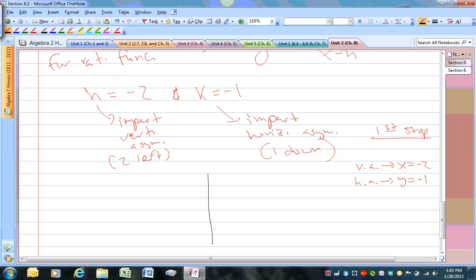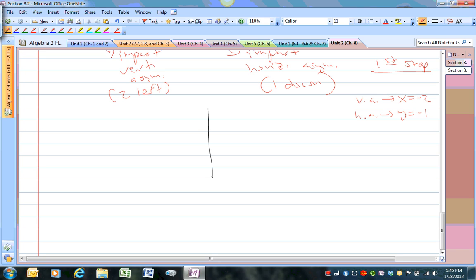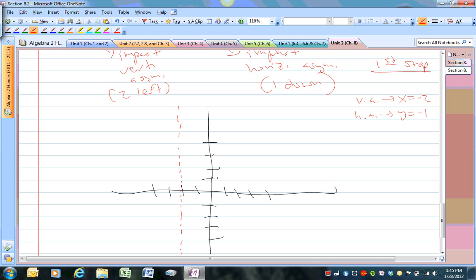One, two, three, four. 1, 2, 3, 4. So x equals negative 2. And y equals negative 1.